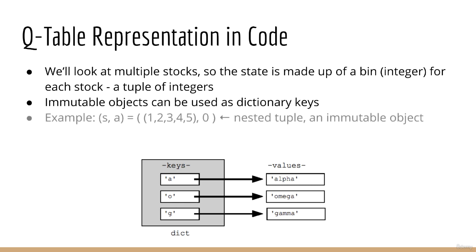In our case, the state will be a tuple of multiple integers, and the action will be an integer. So we'll actually have a nested tuple of integers. This is immutable, which means we can use such an object as a dictionary key. So conceptually, the Q table is a table, but in our code, it will be an array indexed by objects, otherwise known as a dictionary.